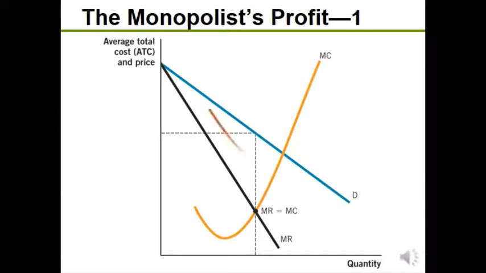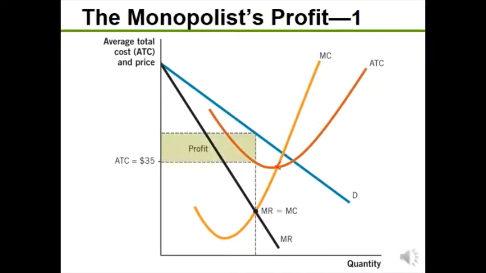So let's draw in that average total cost curve. Keep in mind that average total cost hits its minimum where it intersects marginal cost. So in this case, at 1,000 units, where price is $50, which we got on that last slide, and average total cost is $35, price is greater than average total cost, so the monopolist is making an economic profit.